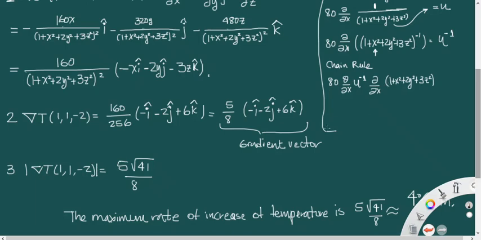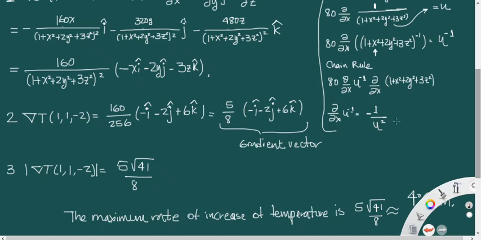So now the first part is equal to, let's see, the partial derivative with respect to x of u to the minus 1 is equal to minus 1 divided by u squared.